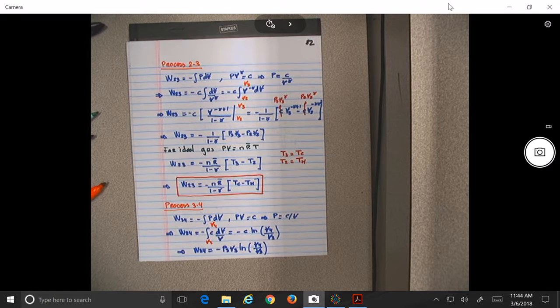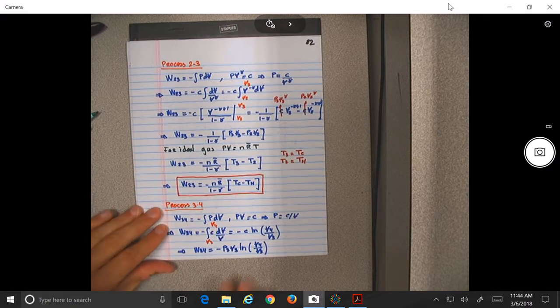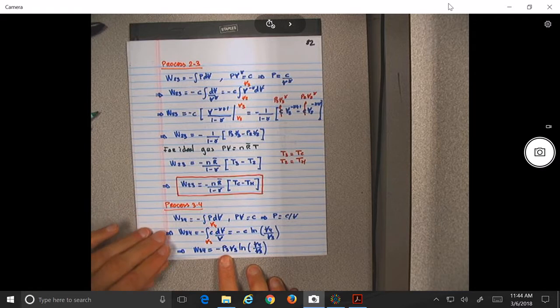And for an ideal gas, what do we know? This should be equal to nRT3. And T3 is the cold one, no?